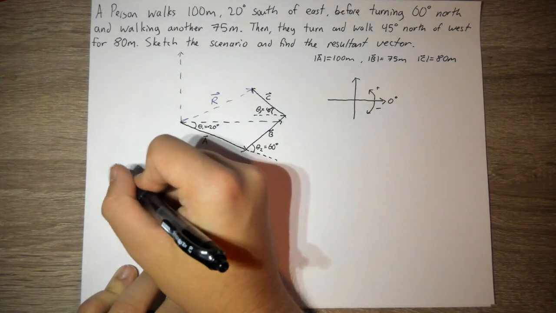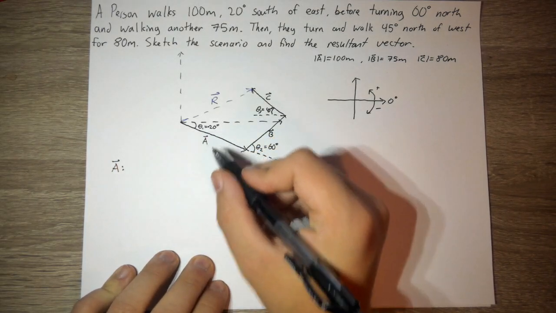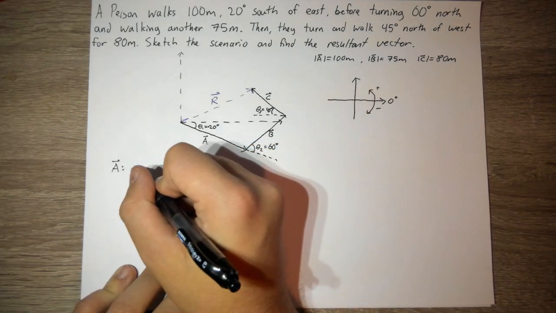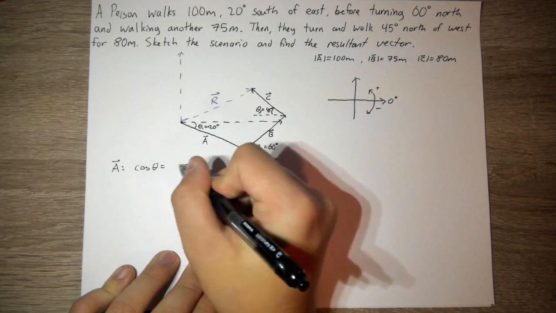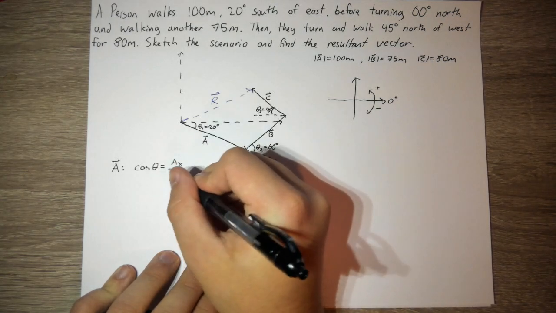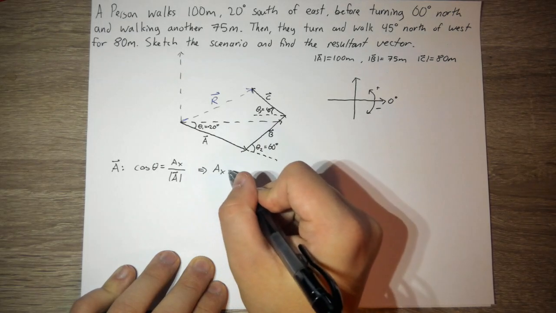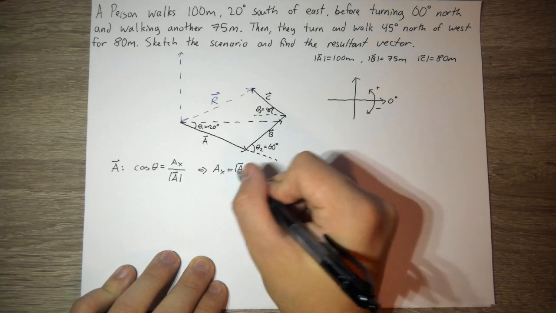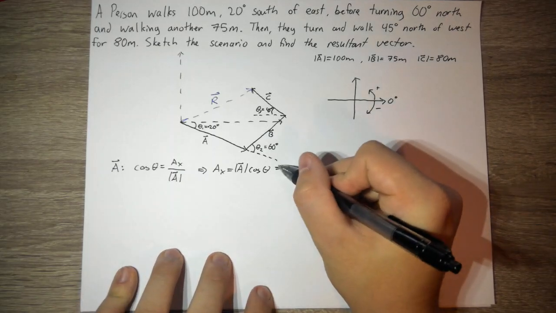So let's start with A. Let's find the components of the A vector. You can start with either, let's start with the x component with our cosine equation, and then our x component is this, plug in our values.